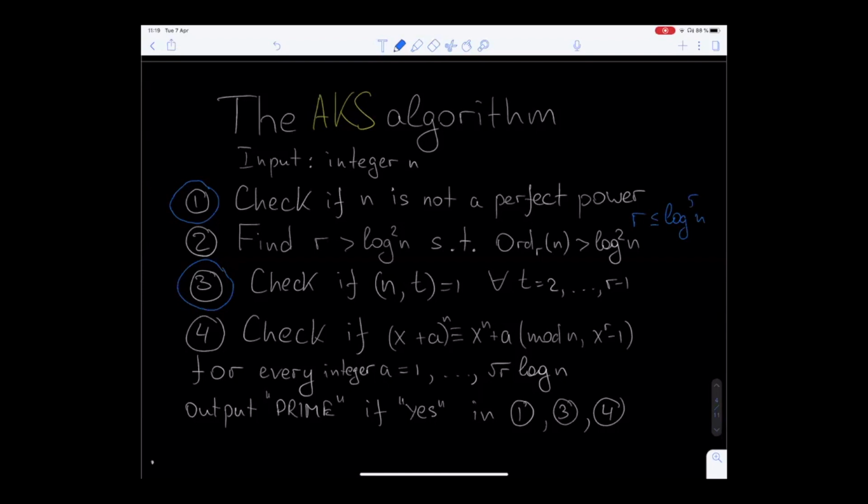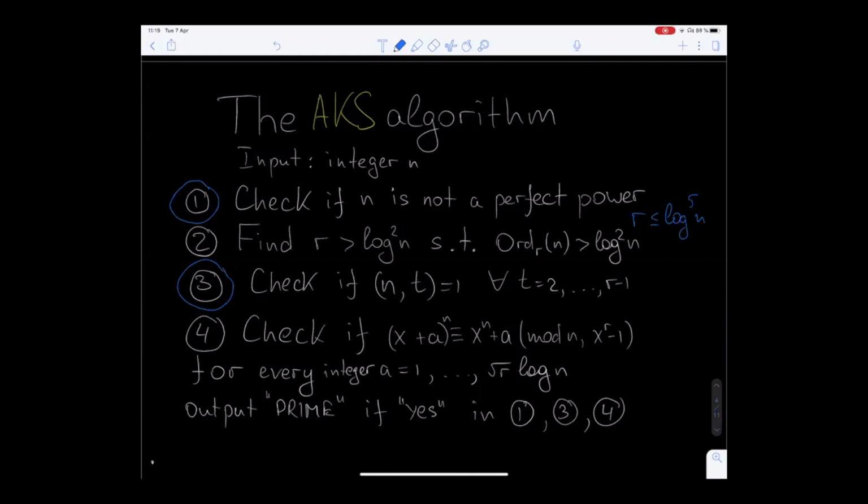So once we do the check in step 4, the main check, checking this binomial theorem identity for a particular polynomial and for an interval of values of a, we output that the number is prime if all the steps have passed positively.